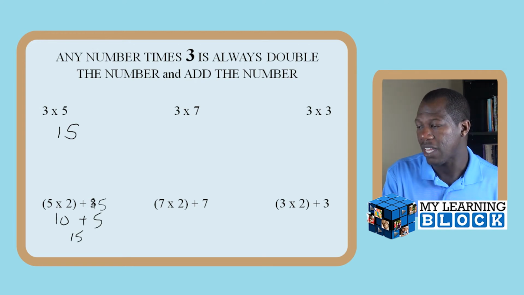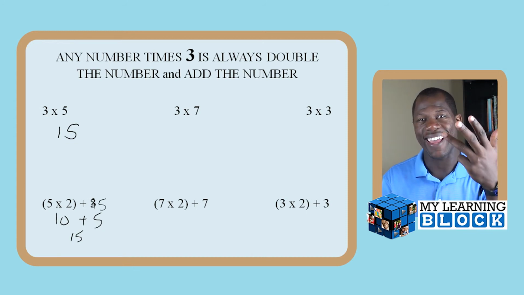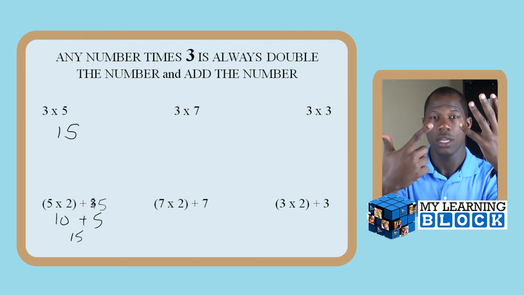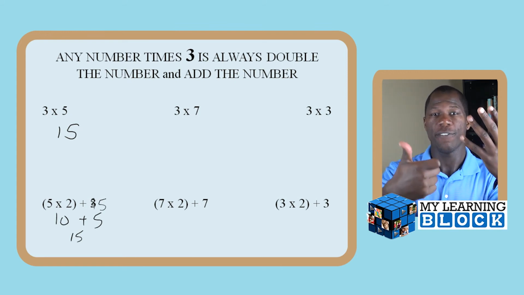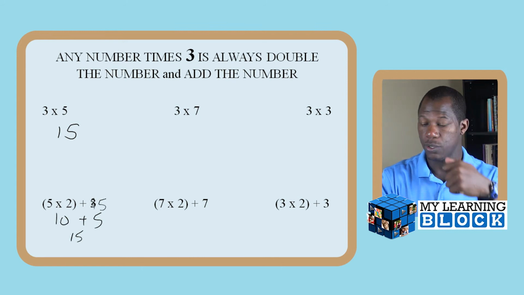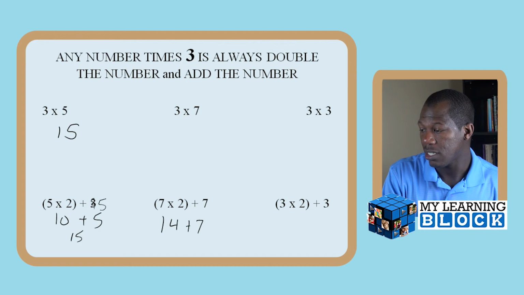So I have 3 times 7. Again, I double the number and then add the number. So 2, 4, 6, 8, 10, 12, 14. I got my 7. Then I'll start counting now. Add each one. 15, 16, 17, 18, 19, 20, 21. So I doubled the number and got 14.